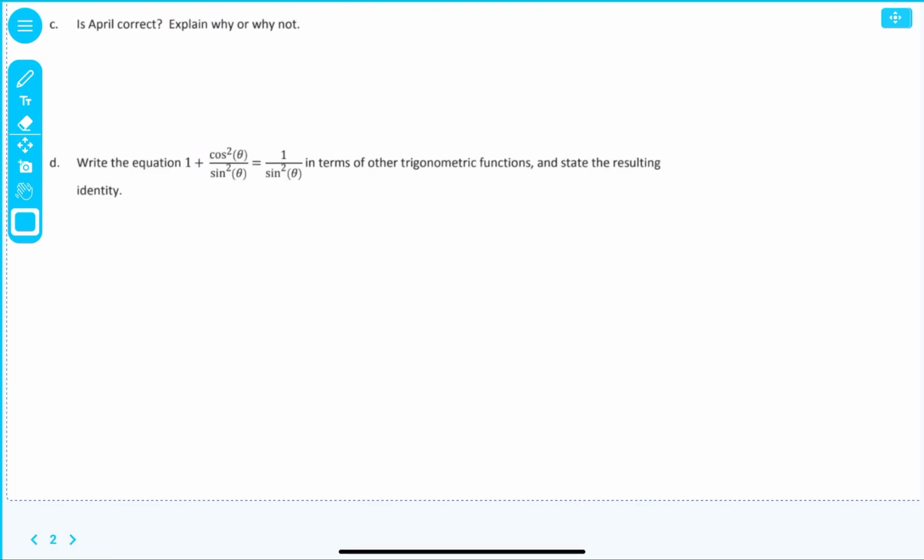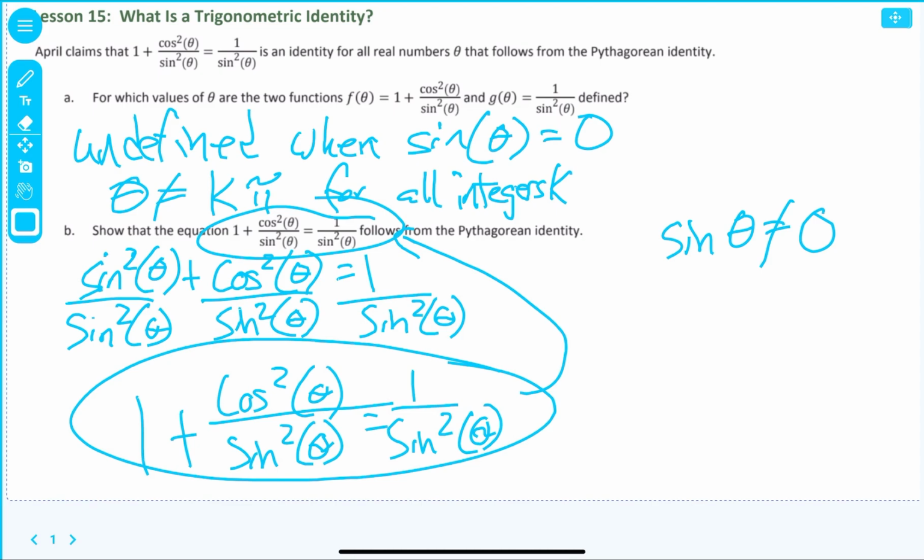So it says, is April correct? Well, go back to page 1. What did April say? April claims that what we just found is an identity for all real numbers theta that follows from the Pythagorean identity. Is that true? Why? Exactly.